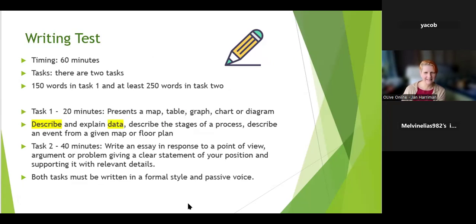Describe data. Yes. All right. And what is the key task of task 2 that we just looked at earlier today?